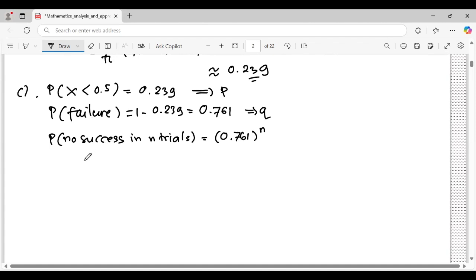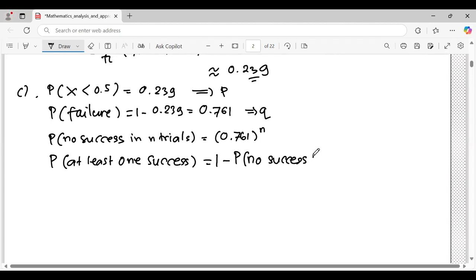And the probability of at least one success in n trials, we can state as 1 minus the probability of no success in n trials. It means 1 minus 0.761 power n.